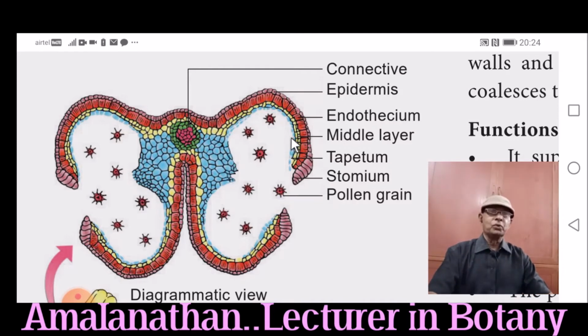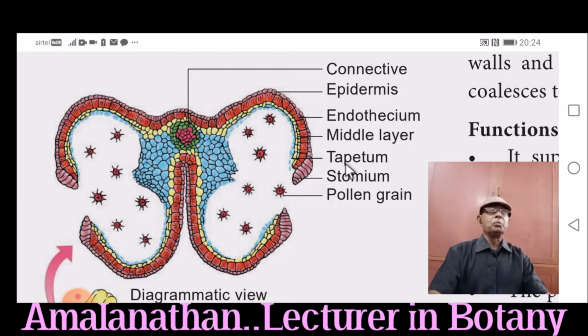The next layer, the fourth layer, is the tapetum. This is the tapetum, that is the innermost layer of the anther wall. The outermost layer of the anther wall is the epidermis. The innermost layer of the anther wall is the tapetum. It is seen at maximum development at the tetrad stage of microsporogenesis.